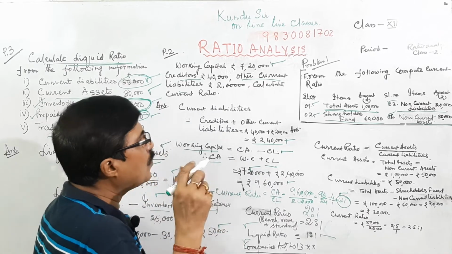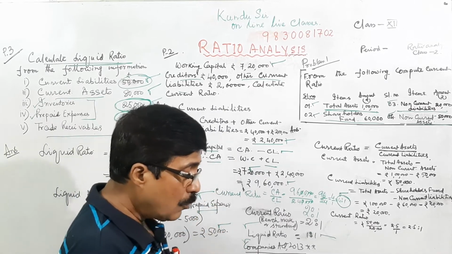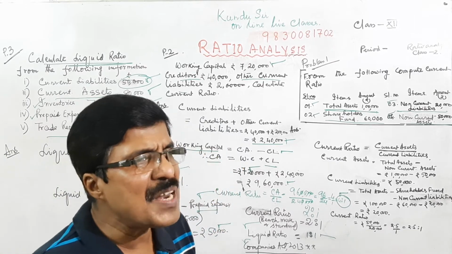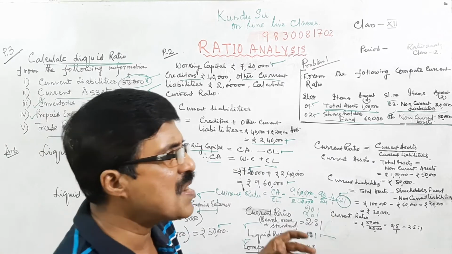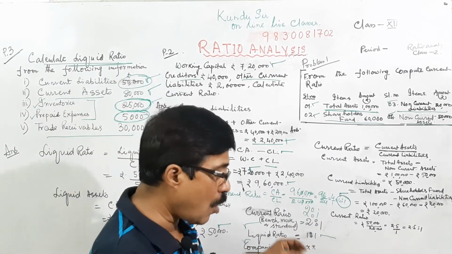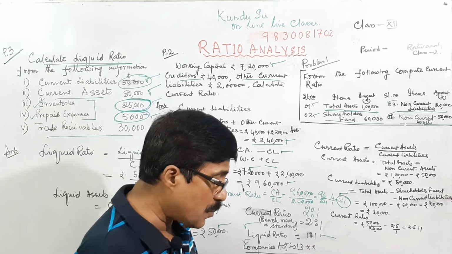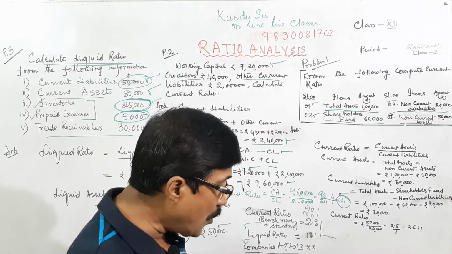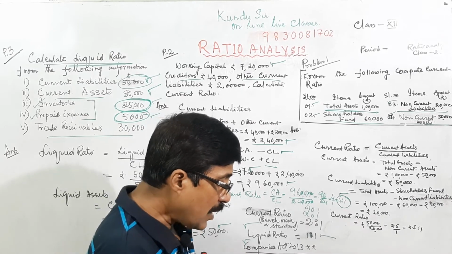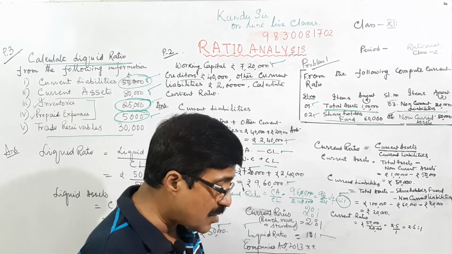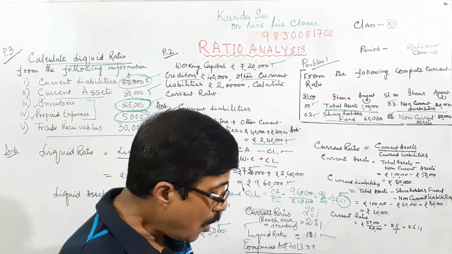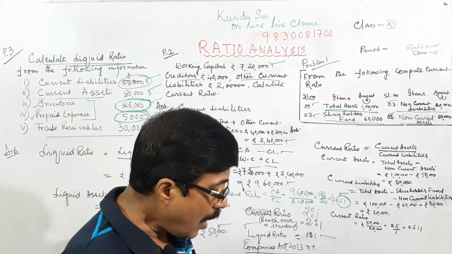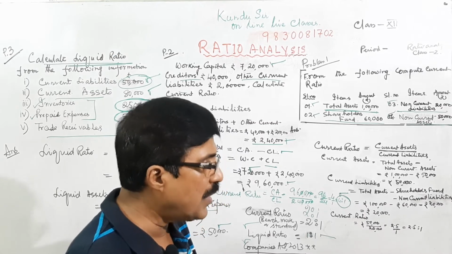It is expected to be realized within 1 year, or it is primarily created for trade in the normal course of business, or it is expected to be realized within 12 months after the reporting date, or it is cash and cash equivalent unless restricted from being exchanged or used to settle a liability for at least 12 months after the date of reporting.